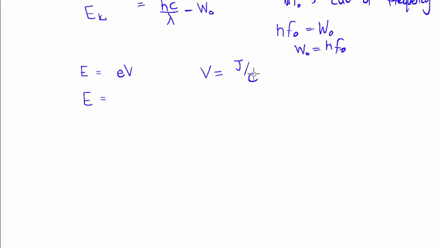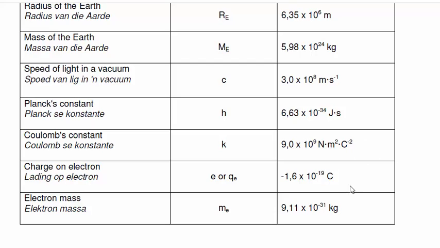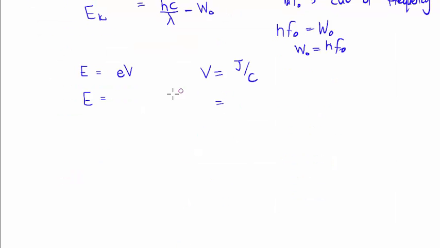And a coulomb is in our table, one electron has this much charge. So an electron volt is the amount of energy that one electron will have. Volts is the amount of energy that a coulomb of electrons will have. So an electron volt is just the amount of energy that one electron will have.